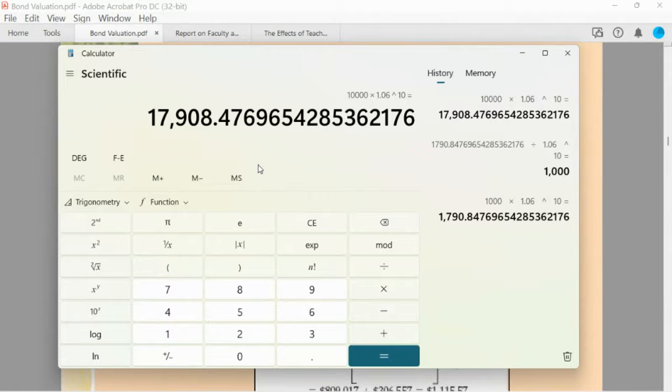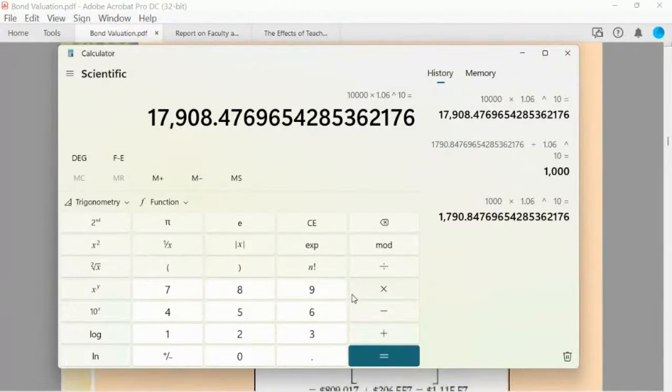Come on, this is not a difficult question. 6%? 600?